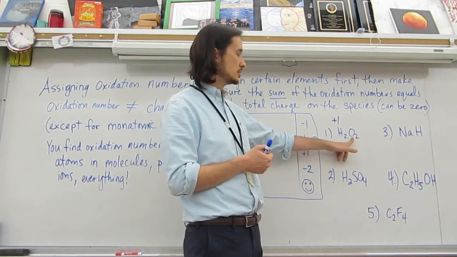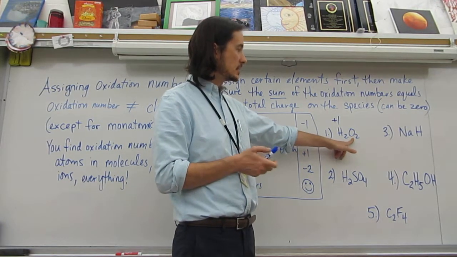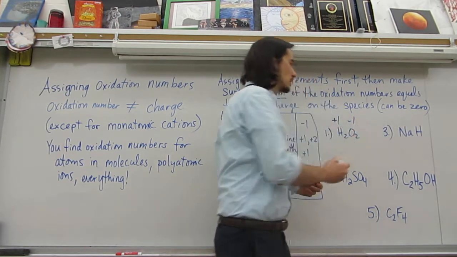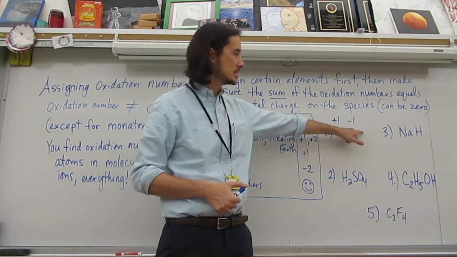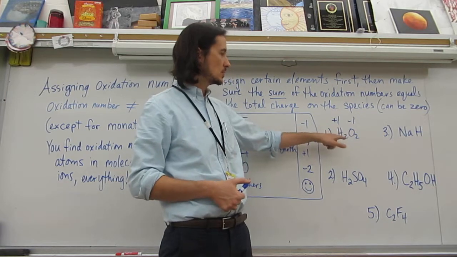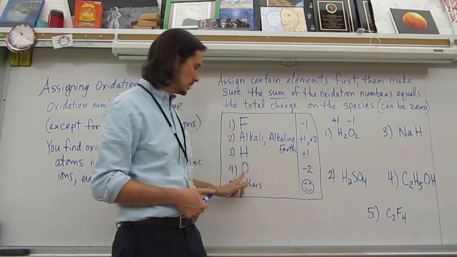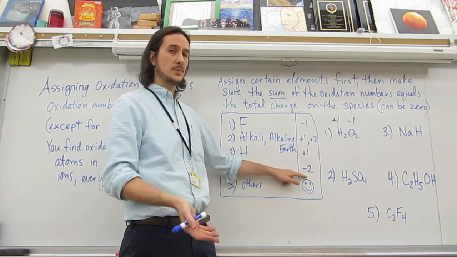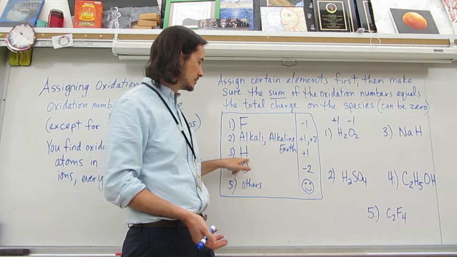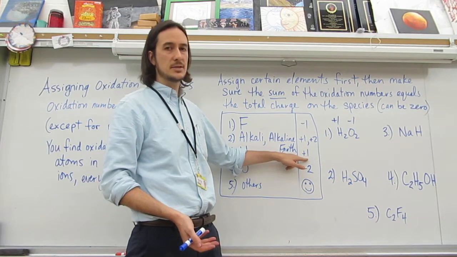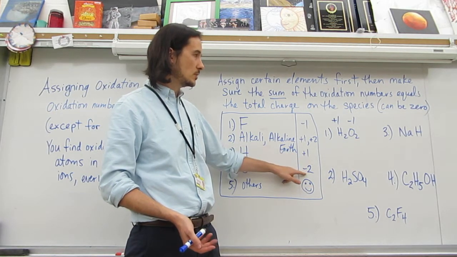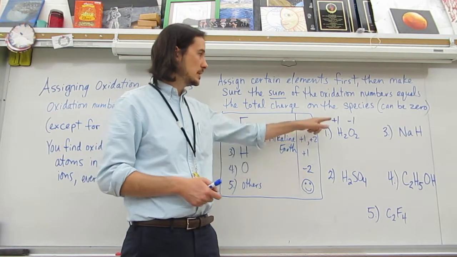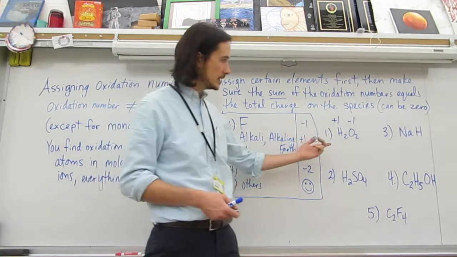We have 2 oxygen atoms, so the oxidation state of oxygen in this must be -1. This has to add up to 0 because it doesn't have a charge. So even though oxygen typically gets -2, hydrogen gets its oxidation state first. In this case oxygen is -1. That's it for that one.